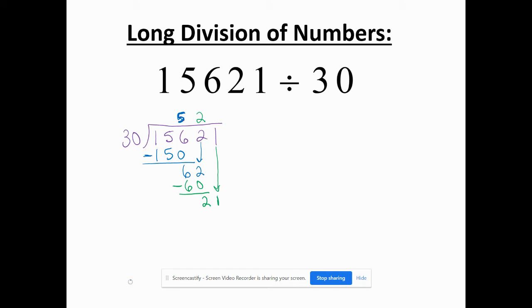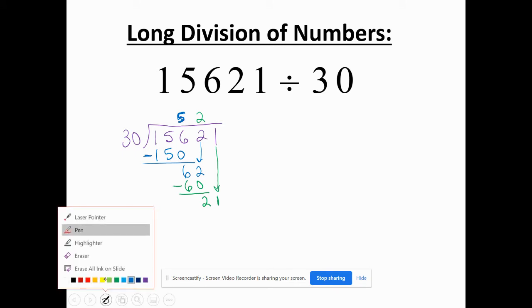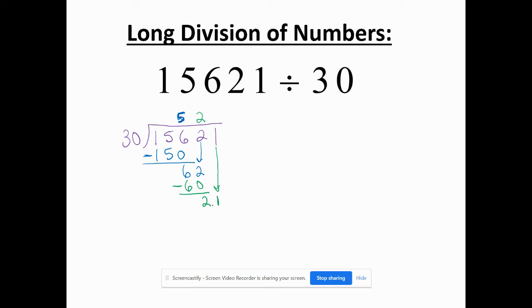And I then kind of look at what I have and I go, oh, shoot, 21. Well, 21 is smaller than 30. So perhaps back in the day, you would say something like, this answer is 52 remainder 21. I apologize for that terrible writing there. Let's see if I can fix that.